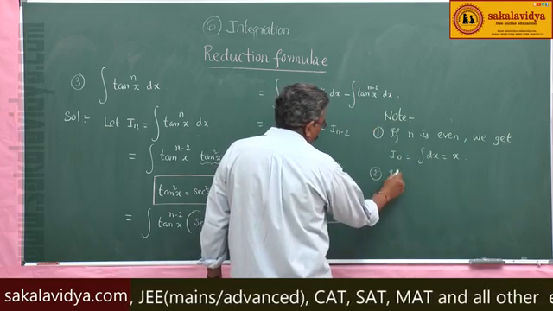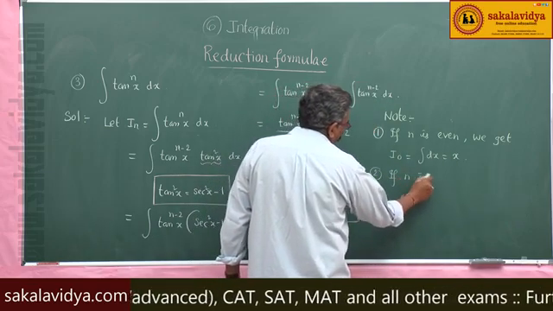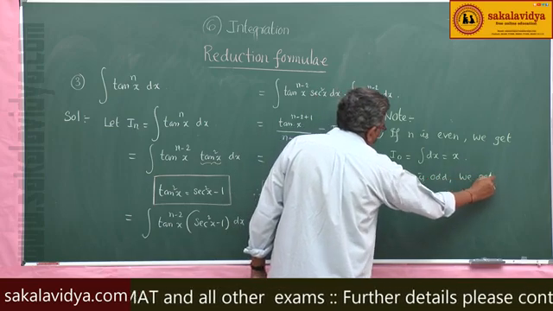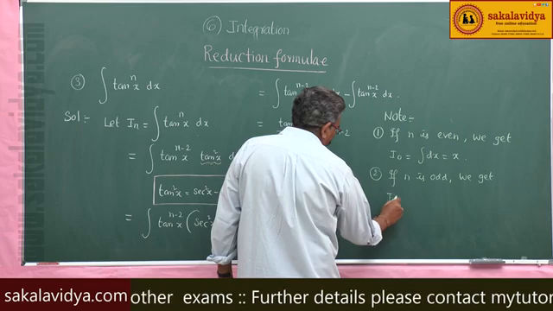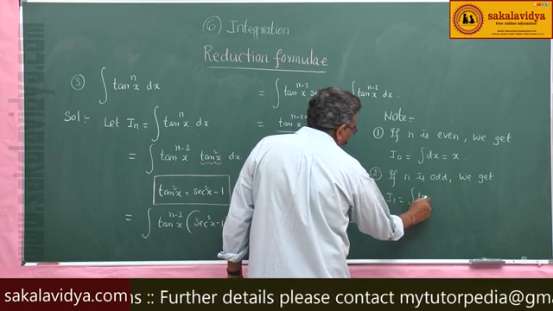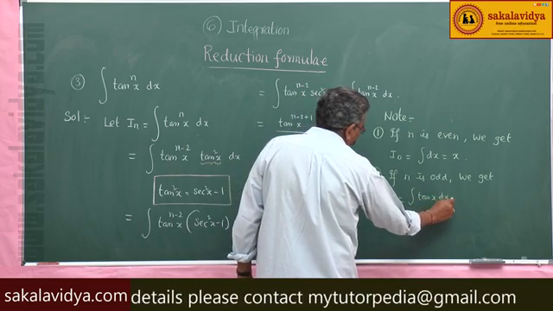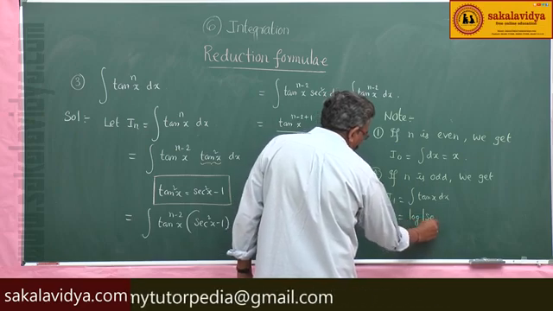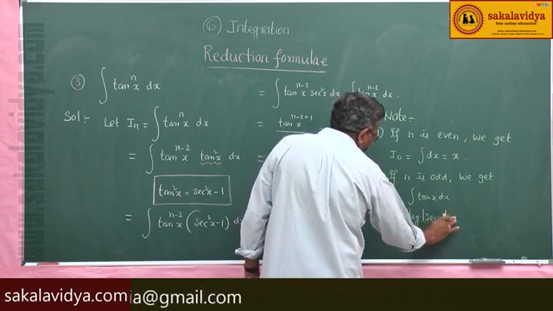If n is odd, after successive reduction we get I_1, integral tan x dx, which is equal to log mod secant x plus secant x.